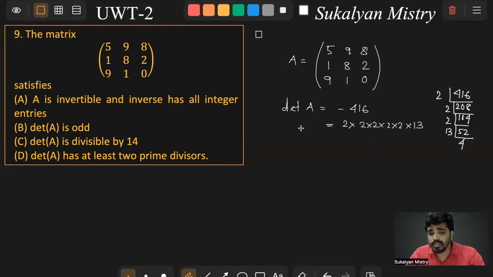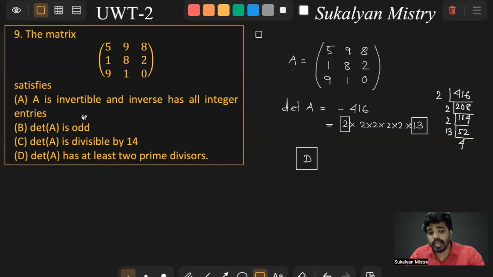Just by doing this factorization we get this. So determinant A has at least 2 prime divisors, the prime numbers being 2 and 13. So option D is the correct answer.